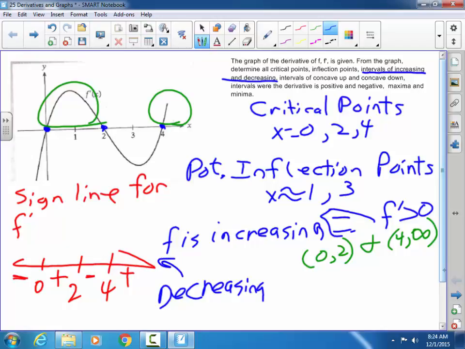All right, where it's negative, so that looks like it's from negative infinity to 0 and 2 to 4. Okay, so we figured out where the function's increasing. We know where the function's decreasing. What else can we determine from looking at the sign line?